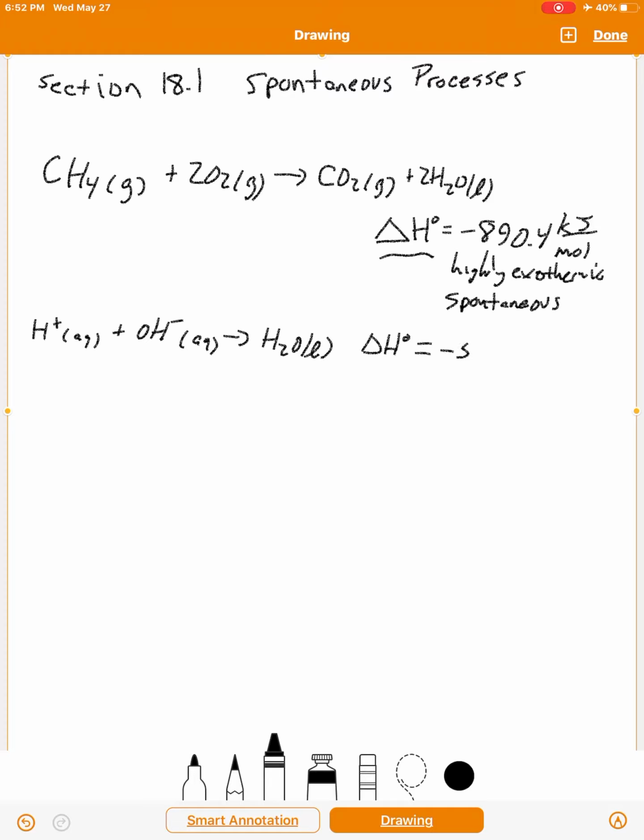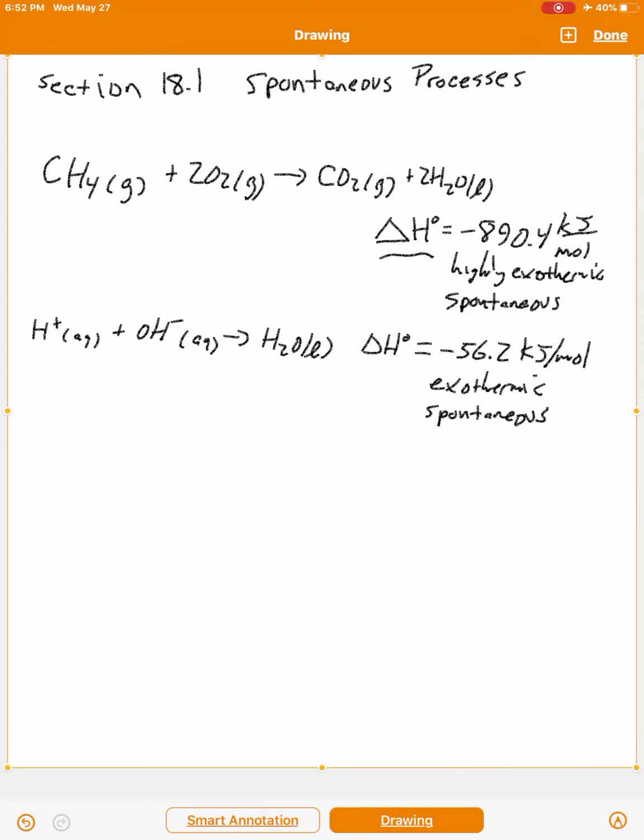And it turns out it's also pretty exothermic, not as much as the combustion of methane, but it is exothermic. So this one is also exothermic, but it's also spontaneous. So there seems to be a relationship between the enthalpy change for a process and its spontaneity.